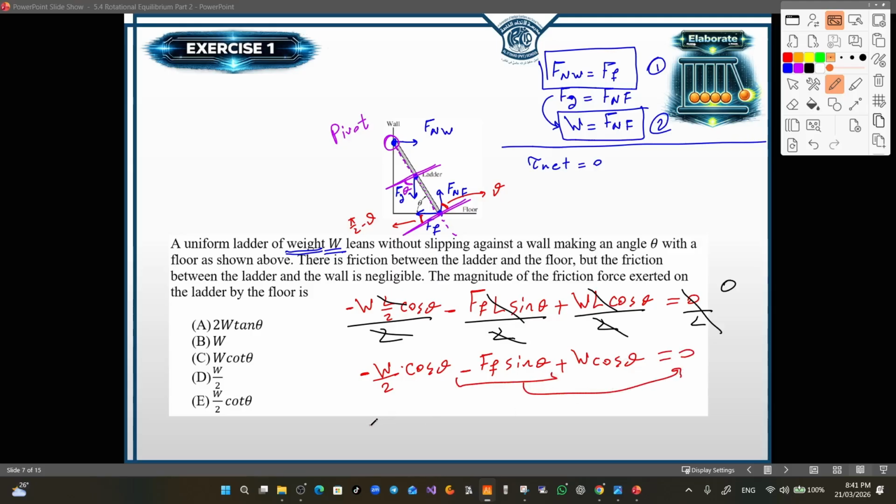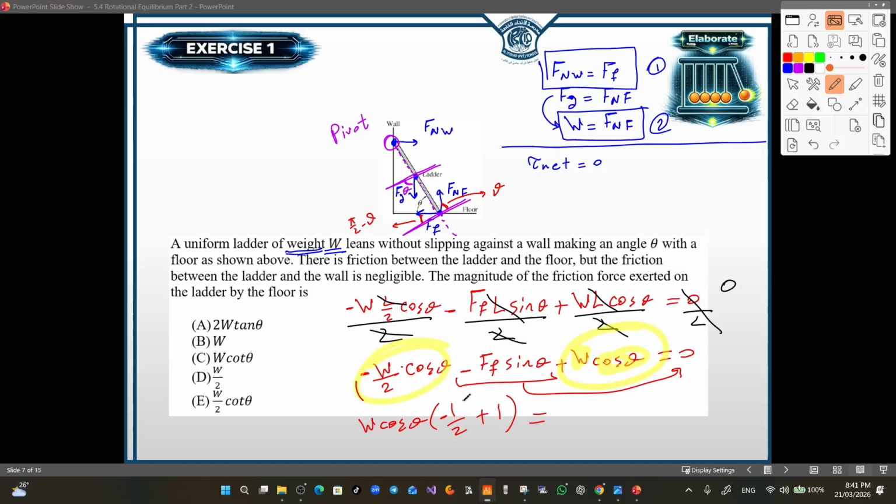It becomes a plus. And let's take W and cosine as a common factor from these two terms. So W cosine theta times minus half from this term, and from this term the remaining is plus 1, because I have pulled only W and cosine theta from each term, as if I'm dividing over W cosine theta.